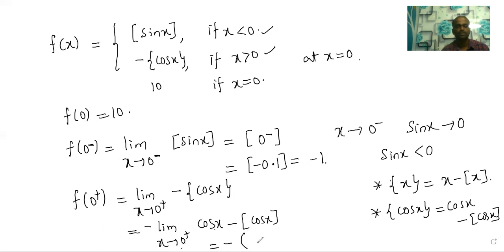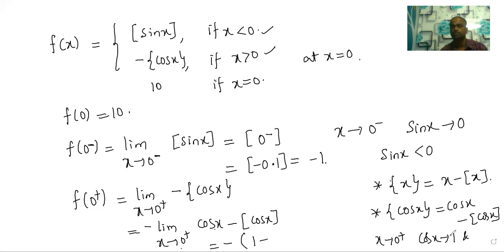So minus, as x tends to 0 plus, cos x tends to cos 0, which is 1. As x tends to 0 plus, x lies in the first quadrant, so cos x tends to 1 but is less than 1, because cos x cannot be greater than 1. Cos x tending to 1 could be from the left side or the right side, but for any real x, cos x cannot be more than 1.